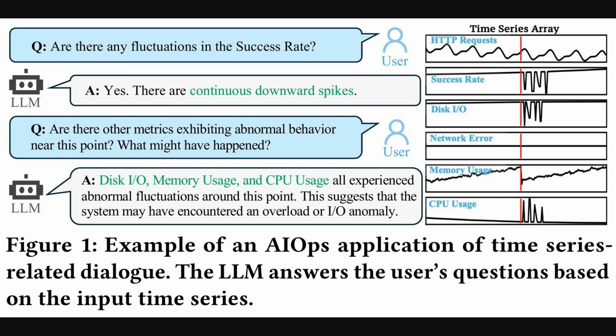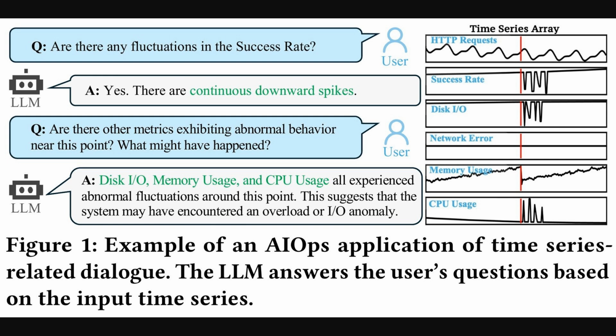Okay, so Figure 1 here gives a really good visual of what this looks like in action. You can see on the right, there are several time series plots, things like HTTP requests, success rate, disk I/O, typical system metrics. And on the left, you have a user asking questions about this data, and the LLM providing answers.